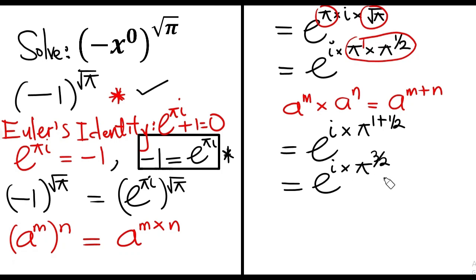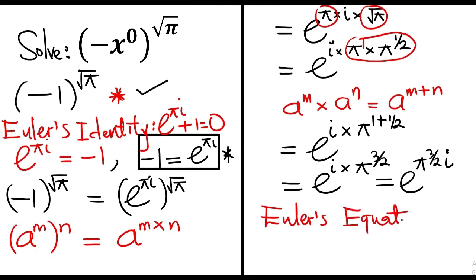I can rewrite this, which is still the same thing, as e to the power of pi to the power of 3/2, then i. There is a certain Euler equation which I need to apply here. What does it say? Whenever I have e raised to the power of theta i, this can be written as cos theta plus i sine theta.